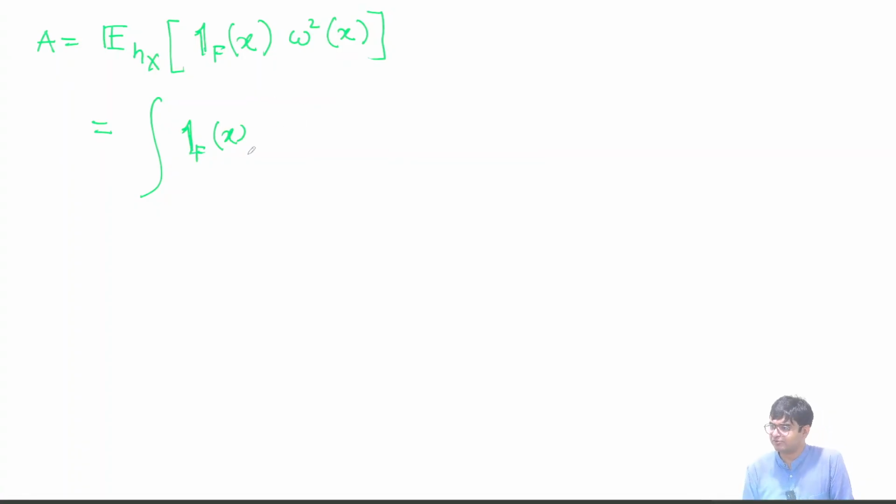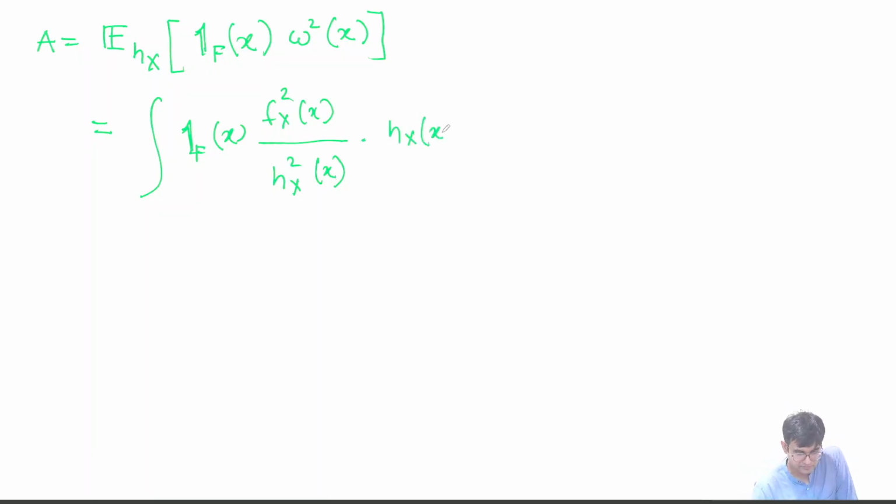W is equal to what? What is w? Fx by hx. So fx square by hx square. So fx square x divided by hx square x multiplied by hx, with respect to that I am taking the expectation, dx, right?